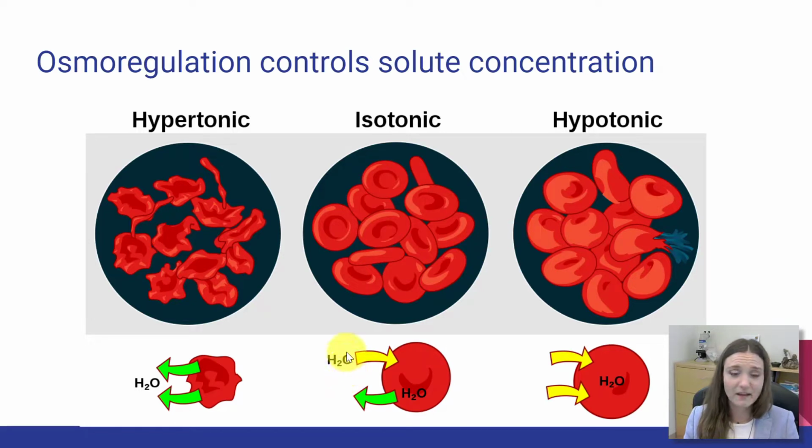So this is why, if you ever go to the hospital and you need to get an IV to basically up your fluid levels, they don't give you pure water and they don't give you like a 10% saline solution, right? What do they give you? Something like a 0.8 or 0.9 saline solution. Why would that be?